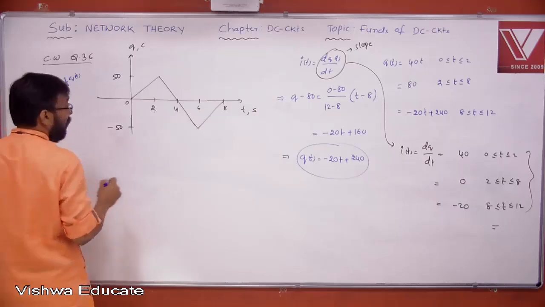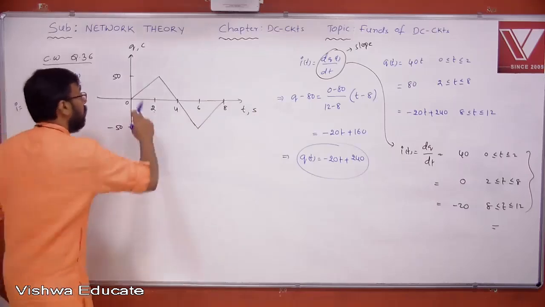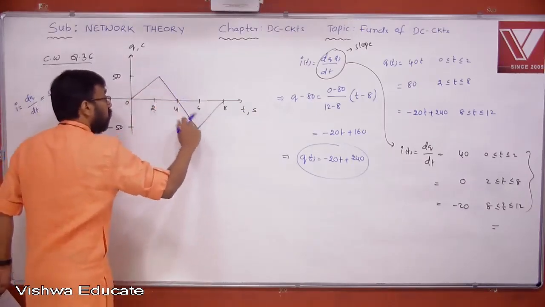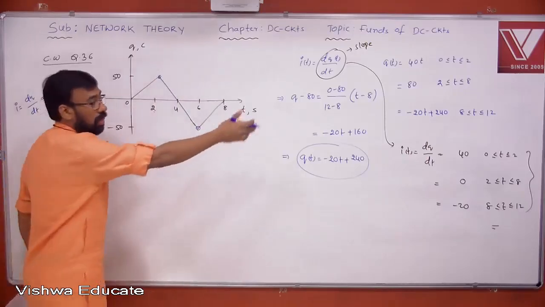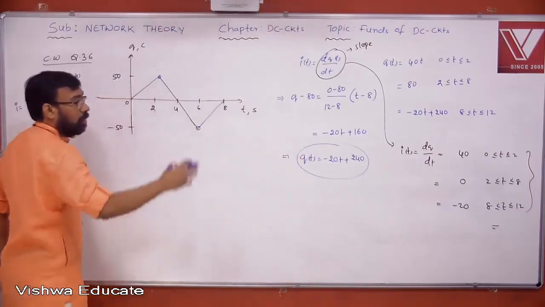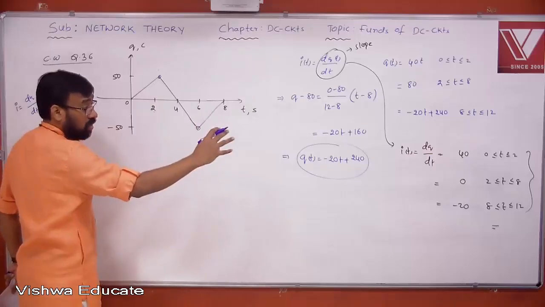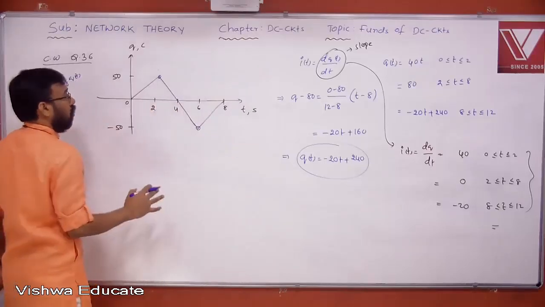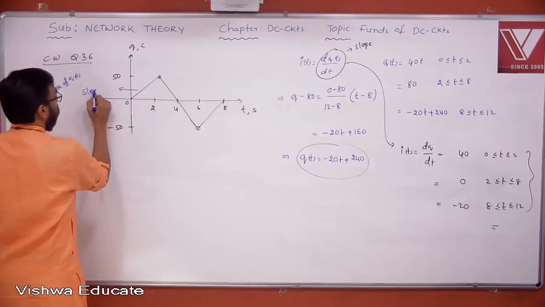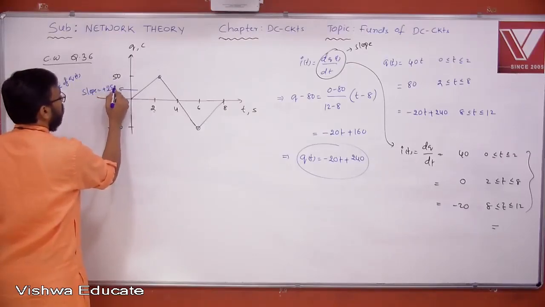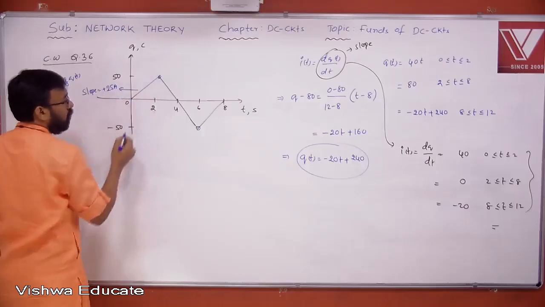So let's go for the slope calculation directly, instead of again finding the equation for a line with a negative slope. Don't waste time. Just now we have seen the standard procedure, but that is only to make you understand, that's not required. Directly attack the problem with the slope calculation. What is the slope? 50 by 2, plus 25 ampere. Why am I taking plus? Because of the positive slope.